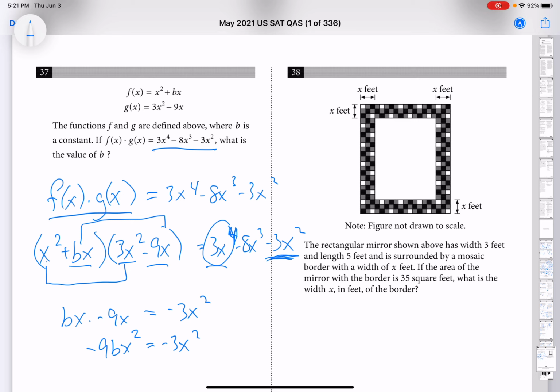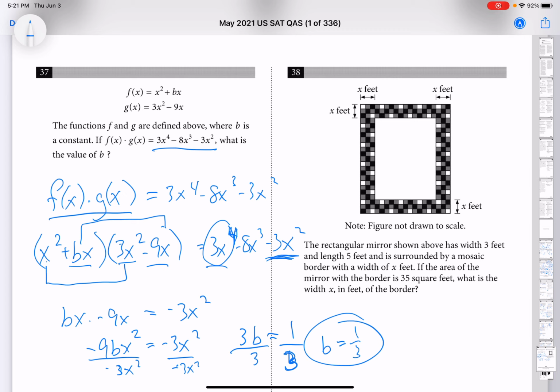Divide both sides by negative 3x squared, and we're going to get 3 over here. Divide both sides by 3, and b is going to be equal to 1/3.